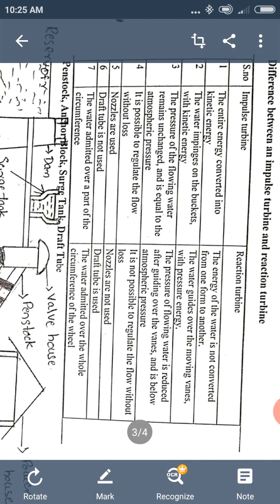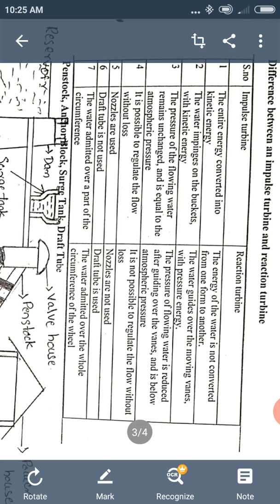Now we'll see the difference between the impulse turbine and the reaction turbine, which is important from an exam point of view. In an impulse turbine, the entire energy is converted into kinetic energy. In a reaction turbine, the energy of water is not entirely converted from one form to the other, so it has the sum of pressure energy and kinetic energy at the entrance.